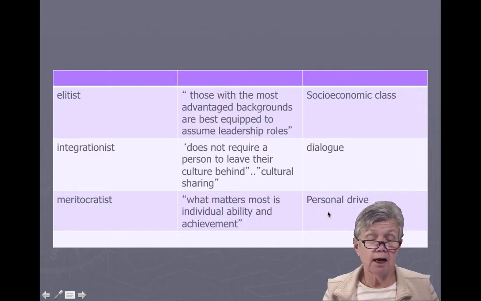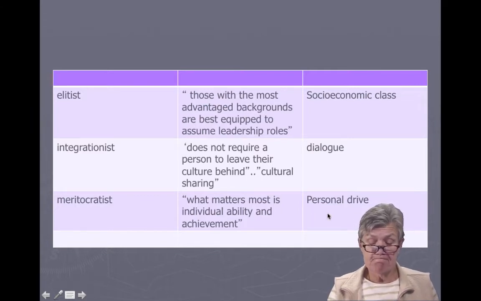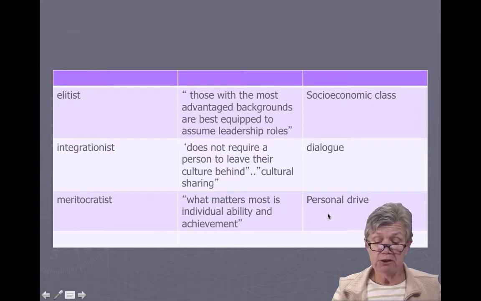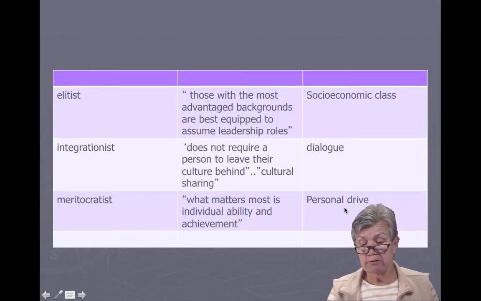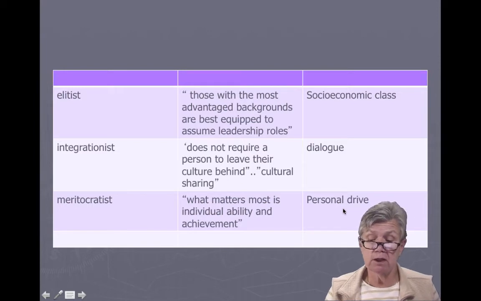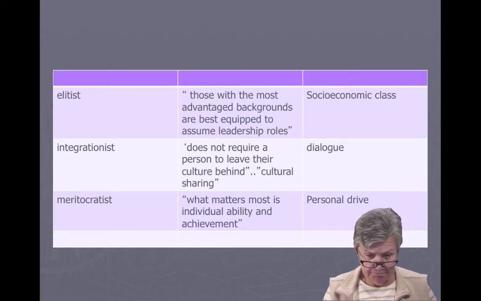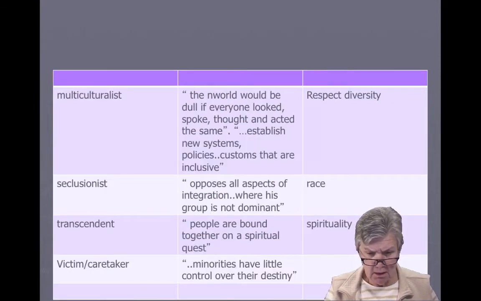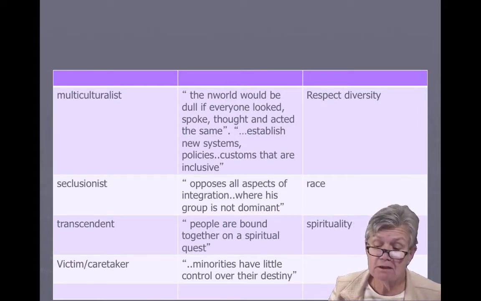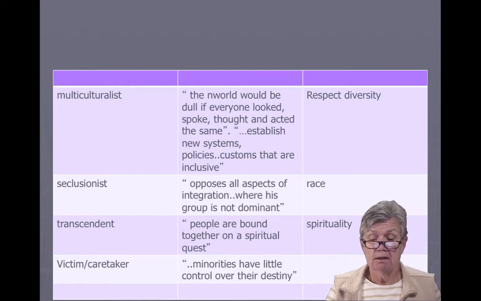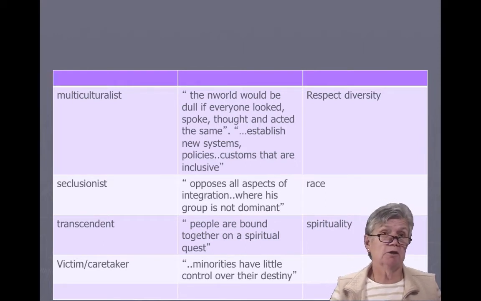The meritocratist, what matters most is an individual's ability and achievement, not the color of their skin, not their socioeconomic class, etc. The multiculturalist respects diversity and thinks the world would be dull if everyone looked and spoke and behaved the same way.